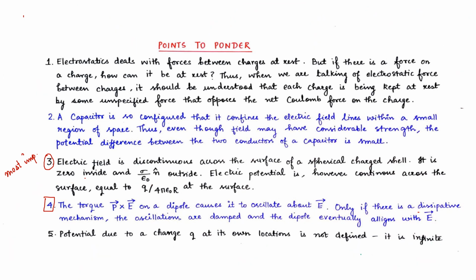Now see point number 5 over here. Potential due to a charge Q at its own location is not defined. It is infinite. So this charge is present over here, and due to this charge we do not define the potential.